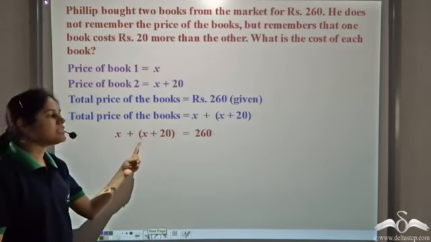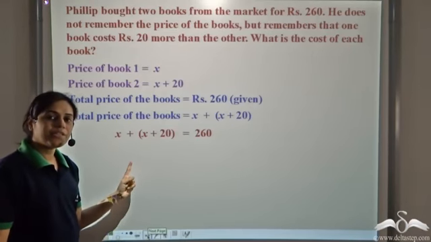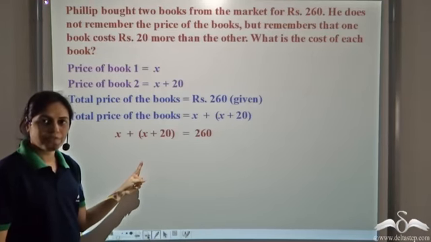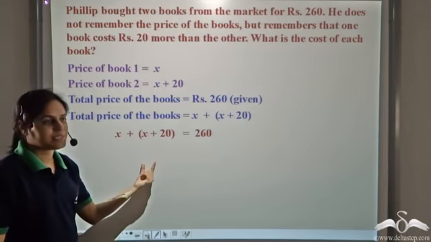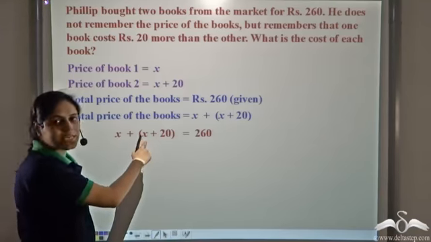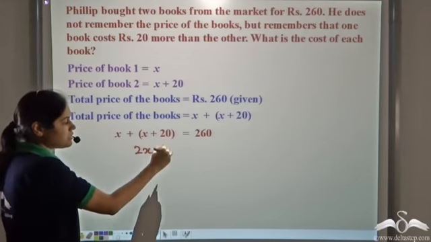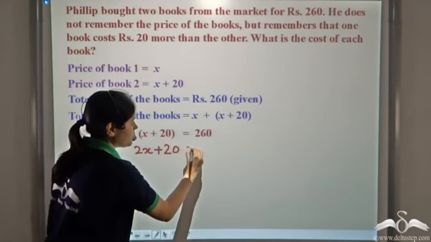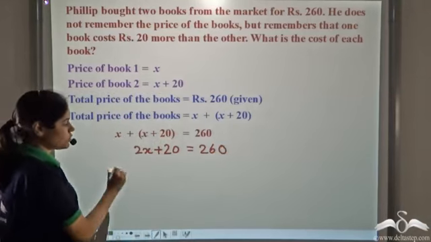Observe that it is a linear equation in one variable, and we have already learned how to solve a linear equation in one variable. So we can solve it and find the value of x. So x plus x gives us 2x, and we have 20. 2x plus 20 is equal to 260.